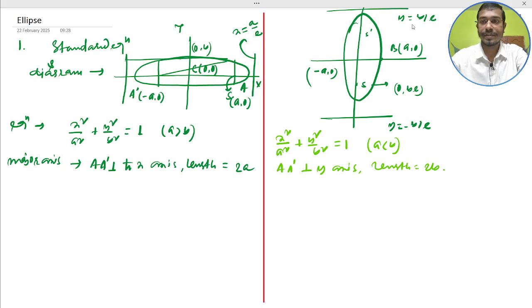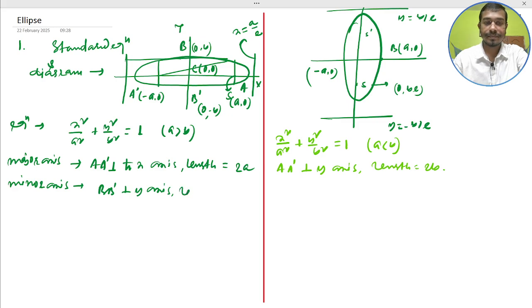Next, the minor axis. Here B B', this is B and it is B'. This is basically (0, minus b). It is perpendicular to the y axis and the length is 2b.